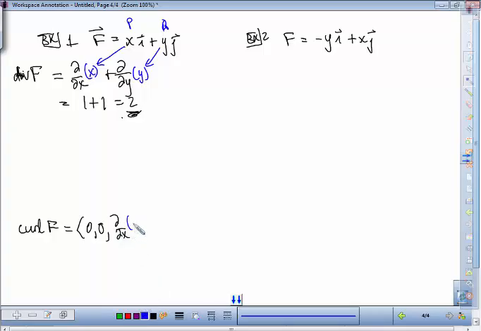So the derivative of q is equal to y in this case, minus the derivative of p, which is equal to x in this case, with respect to y. So what is this? 0. So this is 0, 0, 0. All right, it has to be a three-dimensional vector, so that would be zeros.